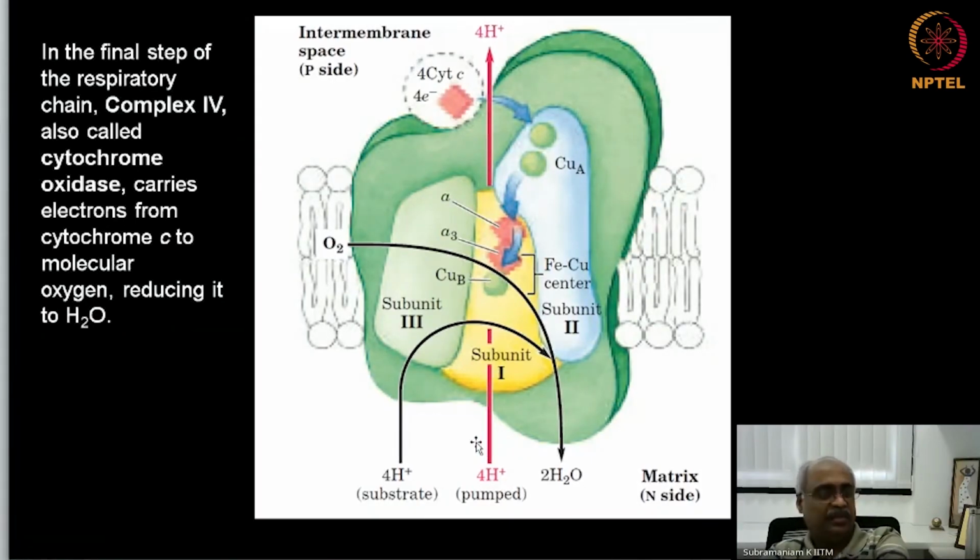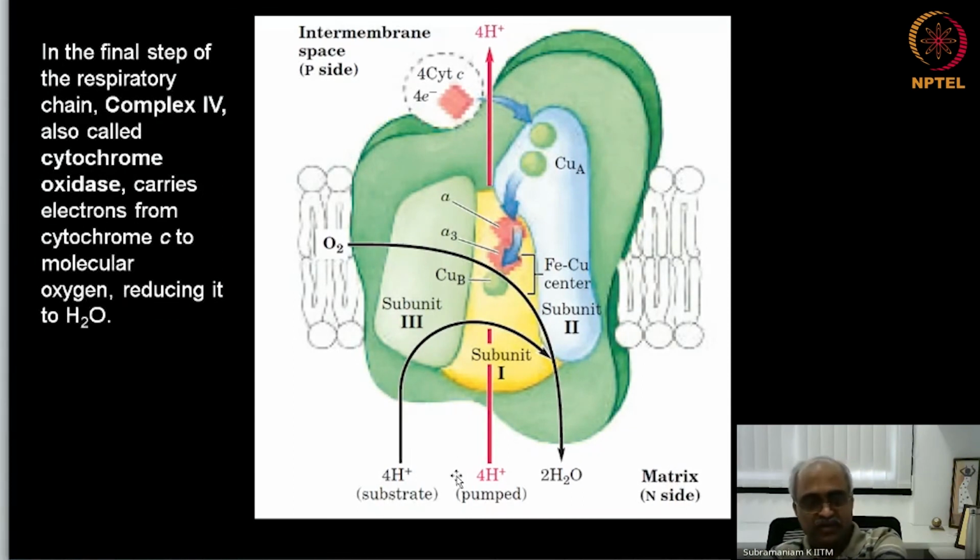And this is how electrons abstracted from food materials like carbohydrates, fatty acids, and so on are finally used to reduce oxygen to water, and the free energy made available by the electron flow from glucose to oxygen, glucose being of lower reduction potential and oxygen being of higher reduction potential.